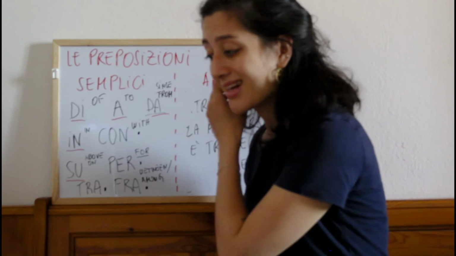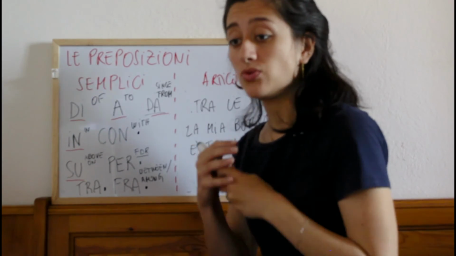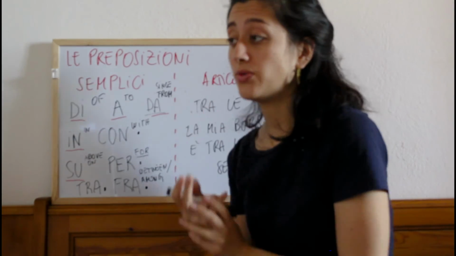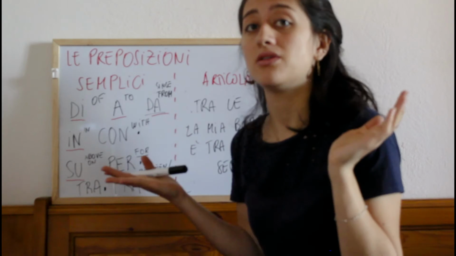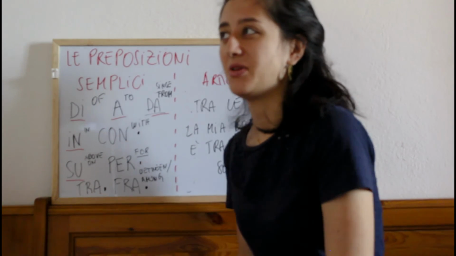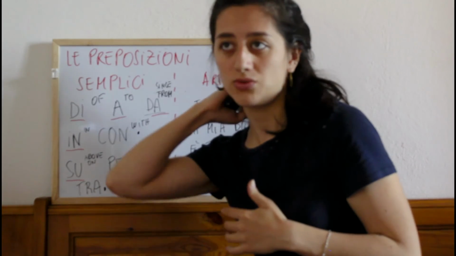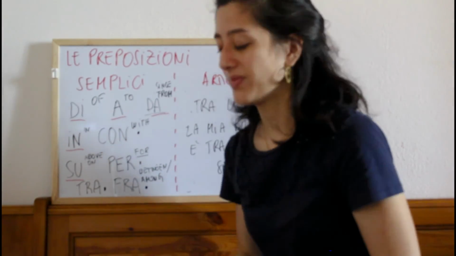Here, tra le sedie could be between two chairs or among many chairs. We don't know, because this is our language. When we created the language, we didn't feel the need to specify, you know.